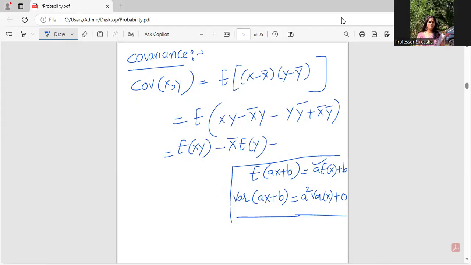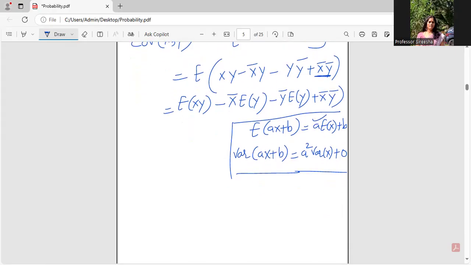Similarly in the third term, y bar is the mean of y, which is a constant, so I have to put expectation only on a variable. And in the last term, x bar and y bar are both means only, so both would be constants. Mean would be a number, so I need not apply expectation for it. Expectation of a constant is itself according to the properties.